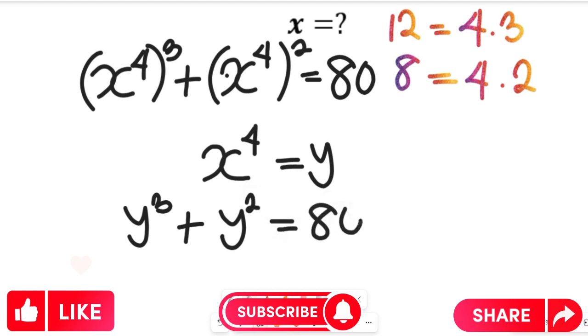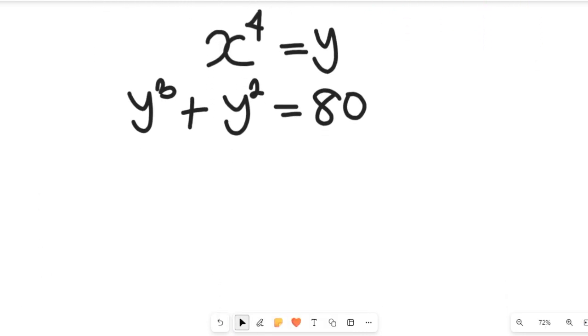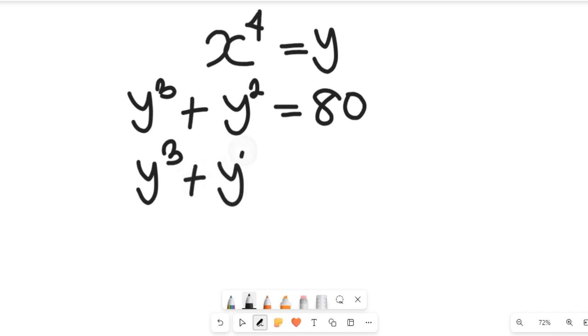I can see a polynomial equation being born. Great. Now, if we simplify that further, we subtract 80 from both sides, giving y to the power of 3 plus y to the power of 2 minus 80 equal to 0. Great. So this is a polynomial equation.